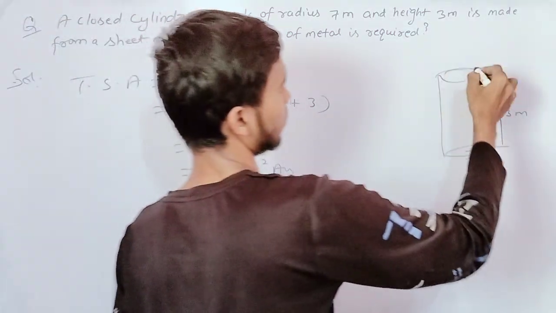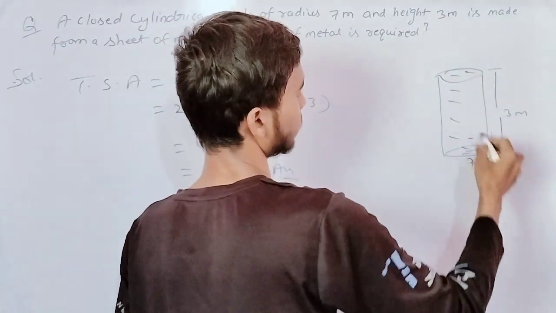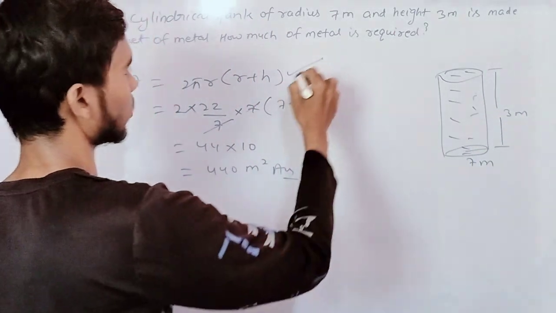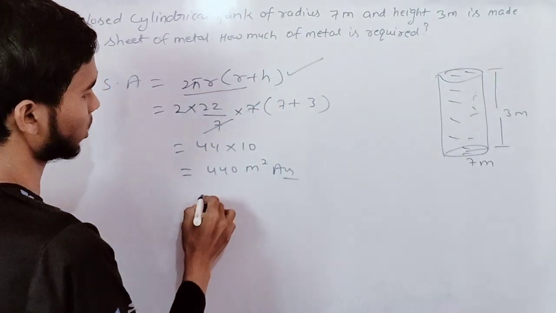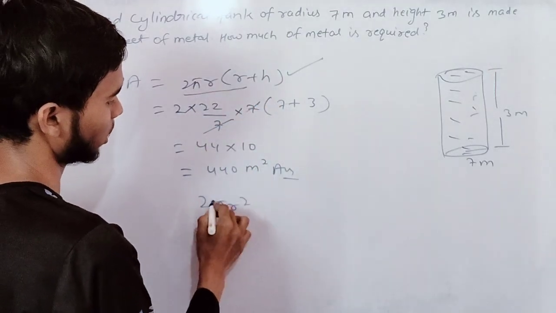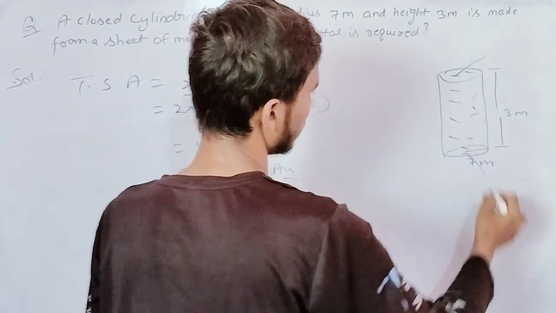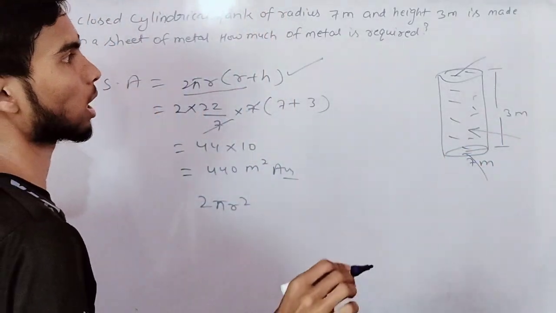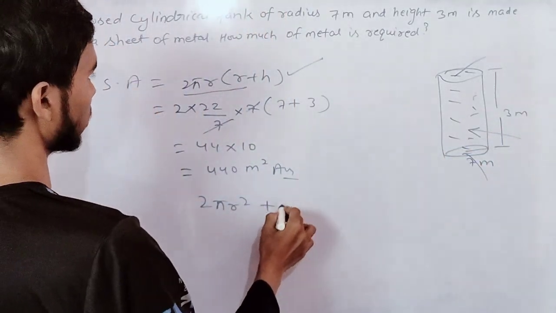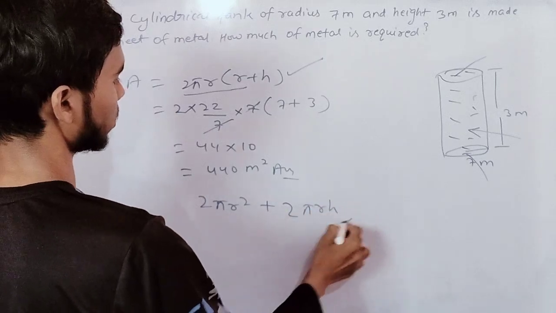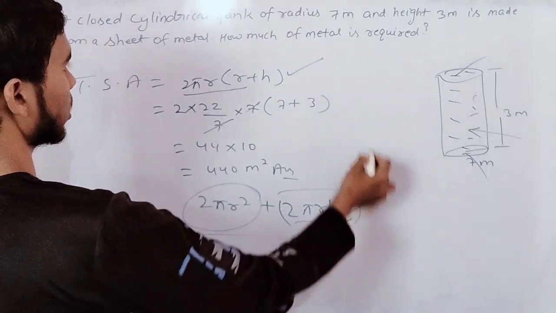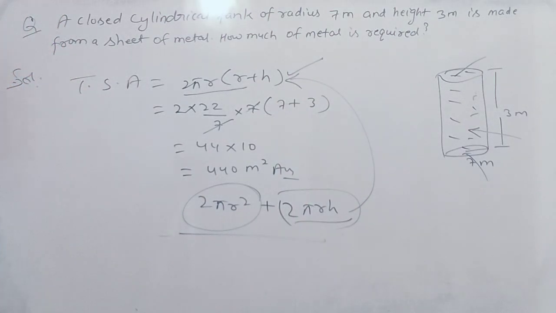This total surface area is 440 meter square, and we applied this formula: 2 pi r square plus 2 pi rh. Clear? Combining this with this, we got this formula.